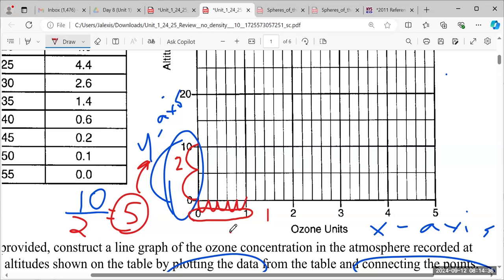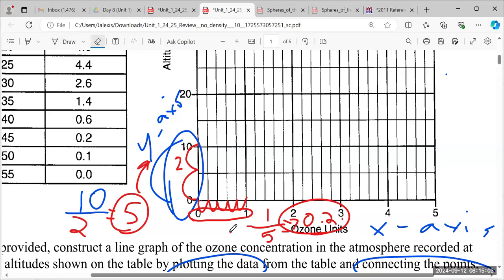I had to move 5 times to the right. So they're 1 apart, divide by 5. And 1 divided by 5 gives me 0.2 as my answer. So that means on the x-axis, each line goes up by 0.2, and on the y-axis, each line goes up by 5.